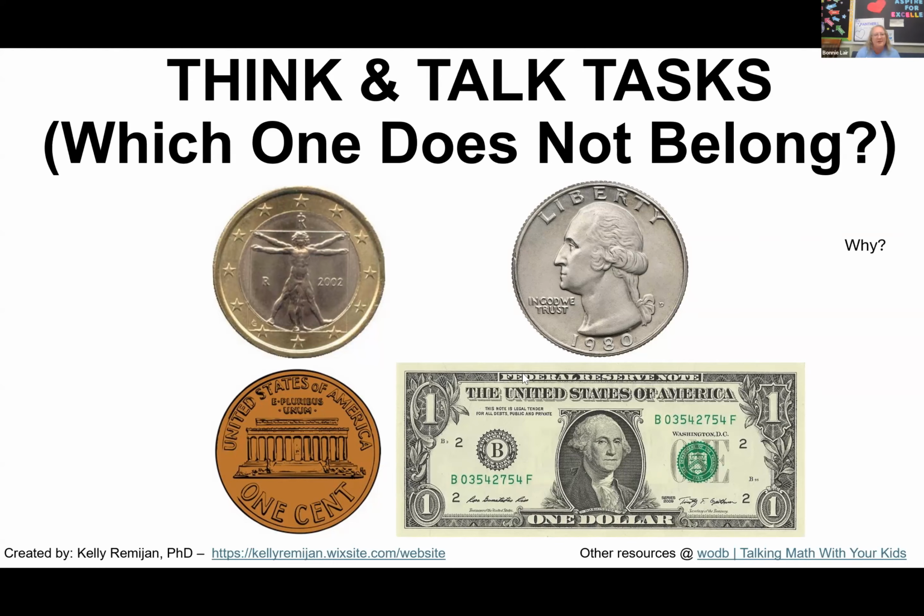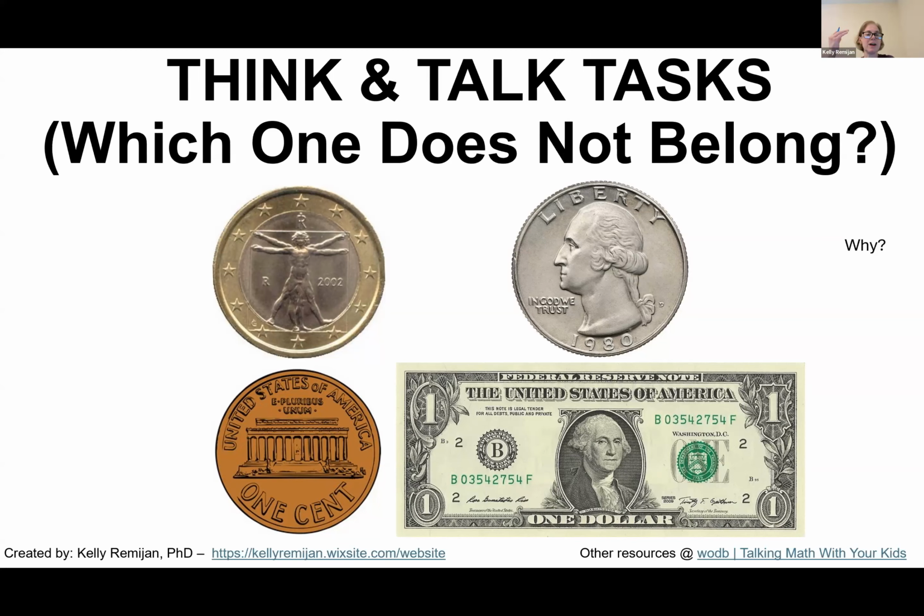I have 2 thoughts. Yes, please share. My first thought is American currency. So the one in the top left would not belong. Okay, so we're going to stop there for a moment. Awesome. She said the top left item doesn't belong because the others are American currency.